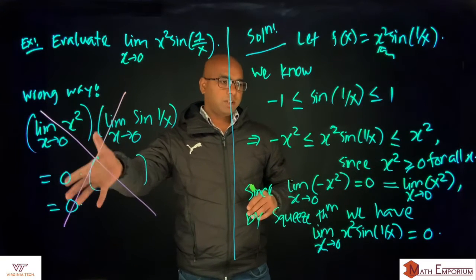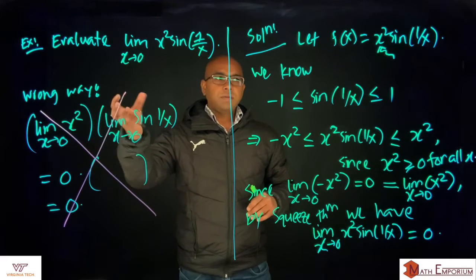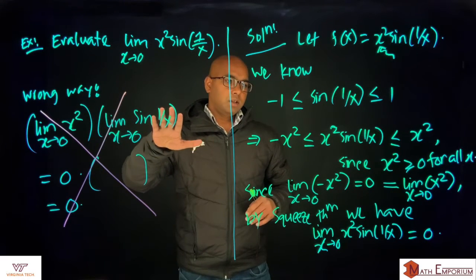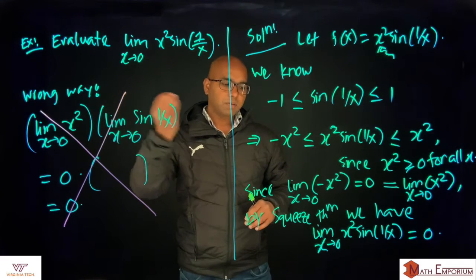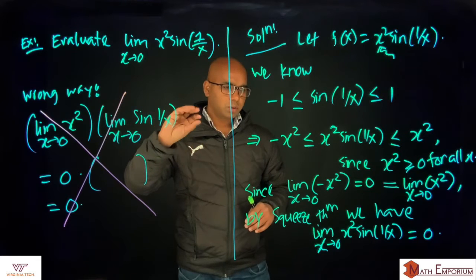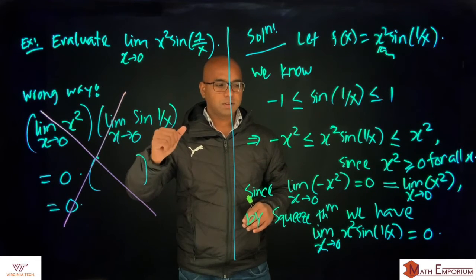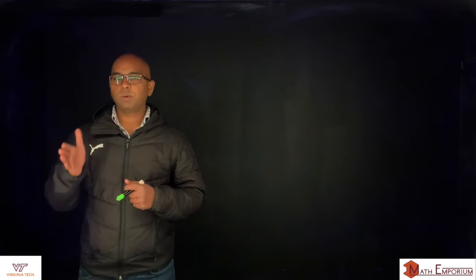You are very fortunate to get this limit here, but in many cases you will not. So this is a very simple example of a function whose limit you cannot figure out without the squeeze theorem, but this is also very illuminating. We are going to see one or two more problems like this, but right now I need to take a break. Alright, so we're going to do one more problem and then we'll end this video.